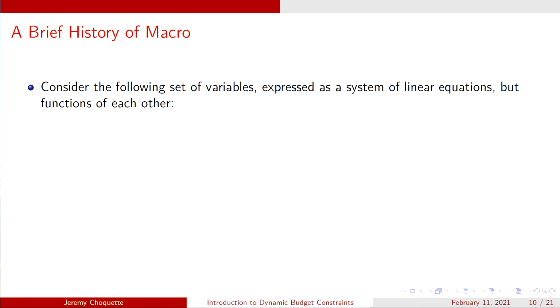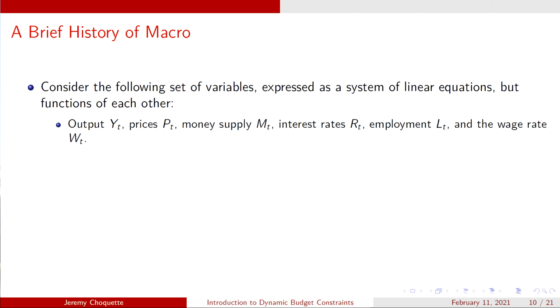Now, consider as a nice little example the following set of variables, and each variable is going to be its own equation, right? It's going to be determined by these other variables in this set or system of linear equations. We've got output, prices, money supply, interest rates, employment, and the wage rate.